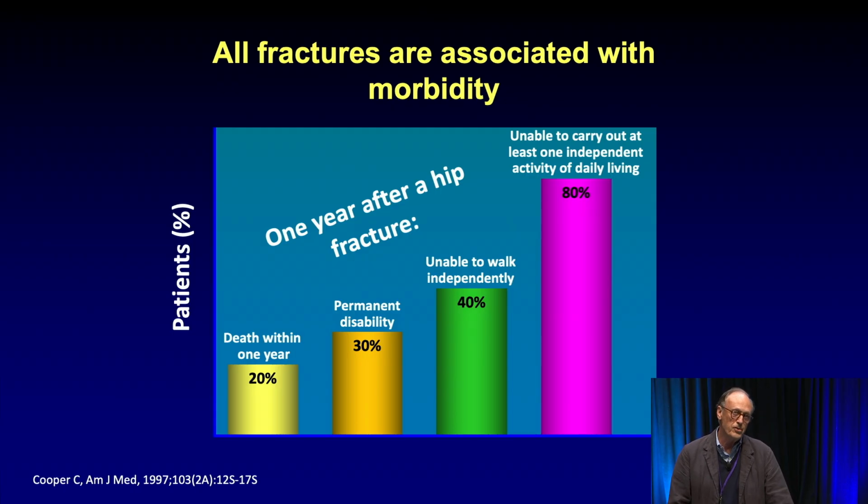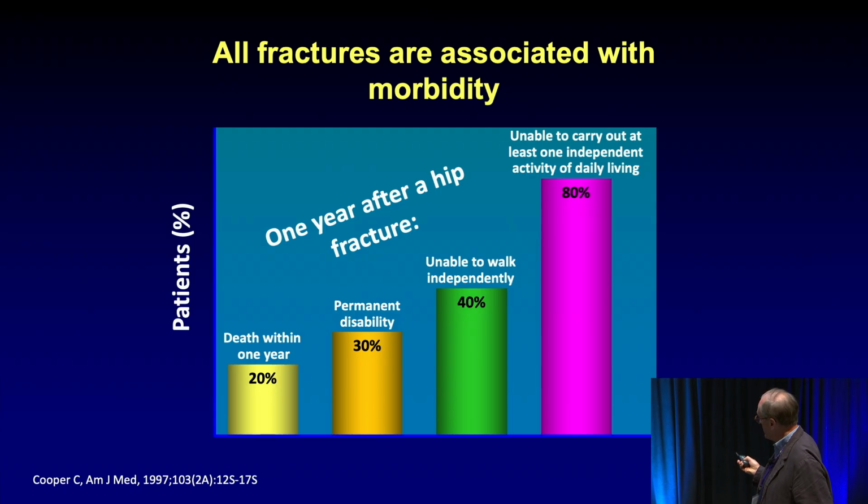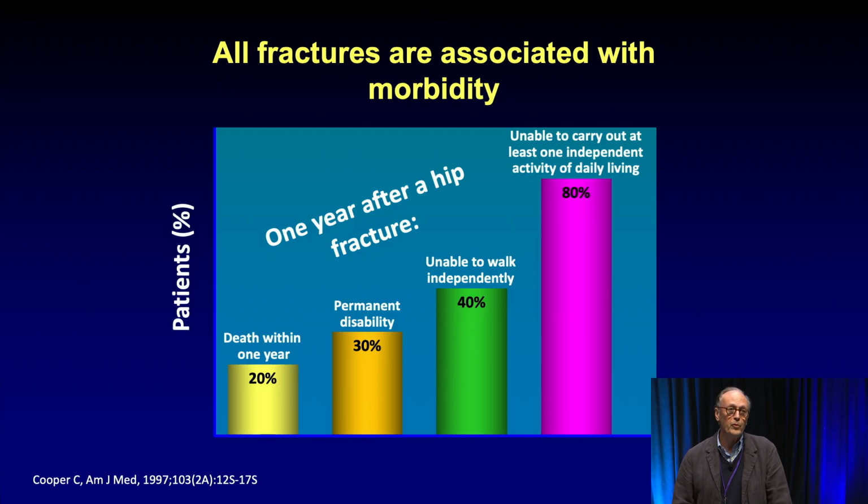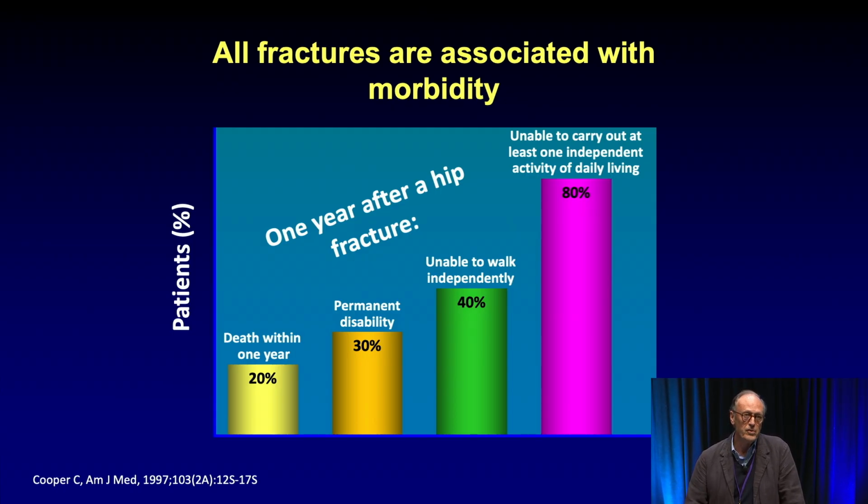It is not just a fracture in a youngster. About 20, actually currently people think it's more 25% of the people affected die within the year after the fracture, especially hip fractures, okay? And 30% have permanent disability. So it is a significant event.